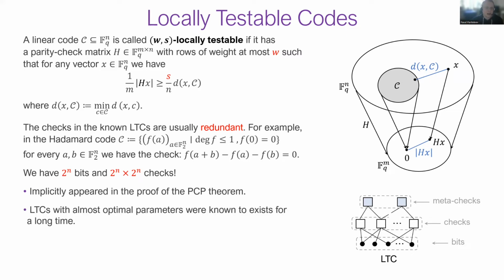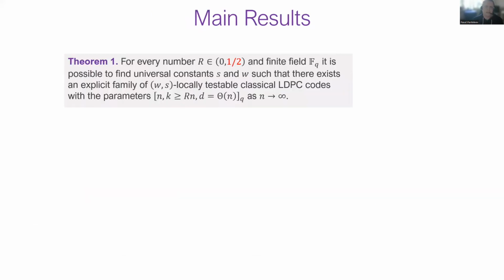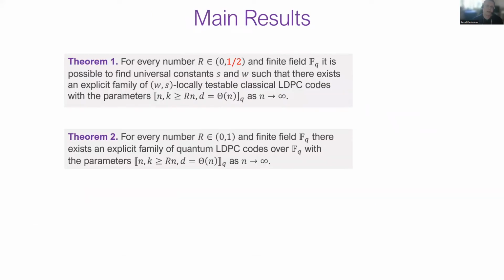And I should also say that locally testable codes with almost optimal parameters were known to exist for a long time. This is in high contrast with qLDPC codes. And the main problem here is similar. So are there any good families of locally testable codes? And the main results of our paper show that both these conjectures are true.